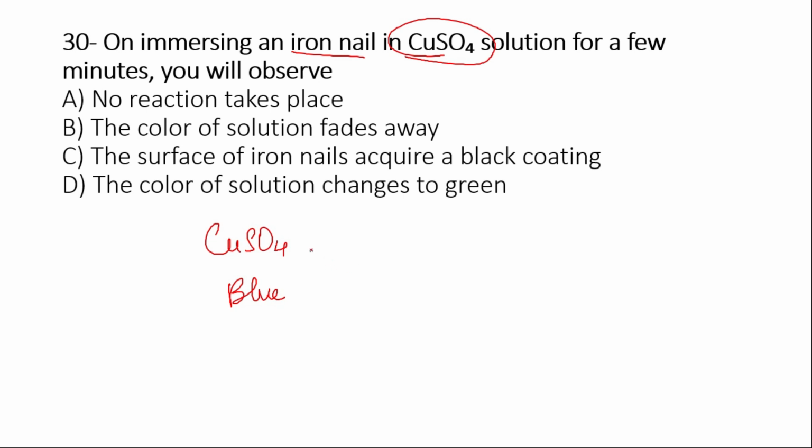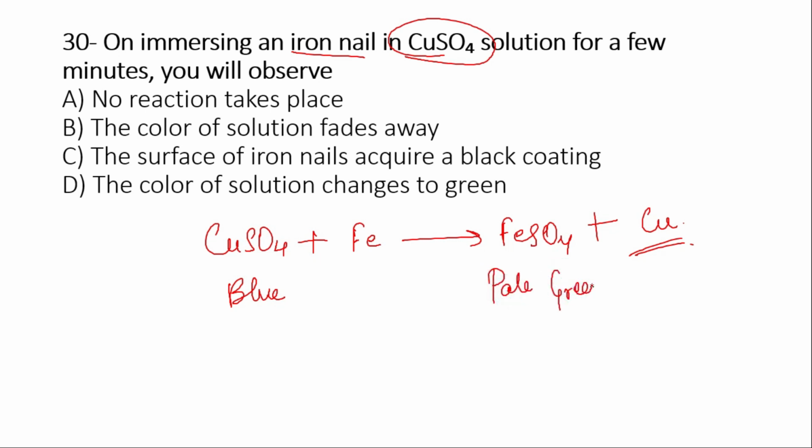When it reacts with Fe, it forms FeSO4, and Cu will also be released, right? Now FeSO4 is a pale green substance. So there will be a conversion from blue to green, right?